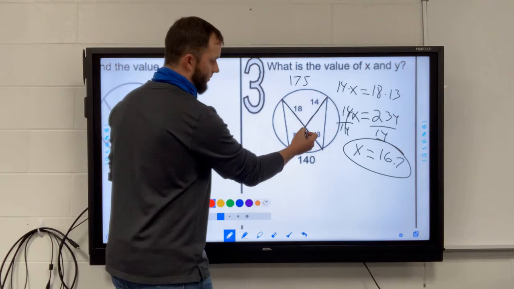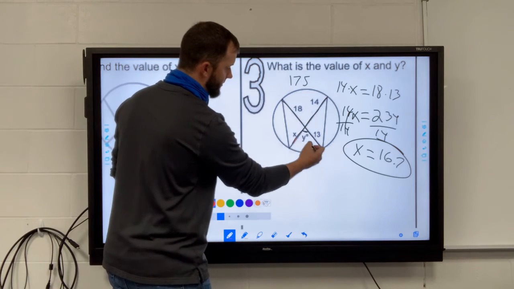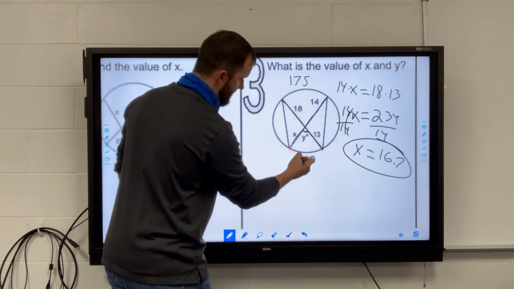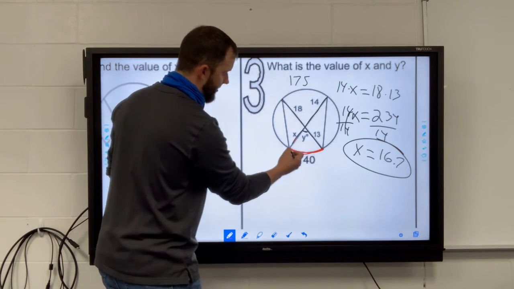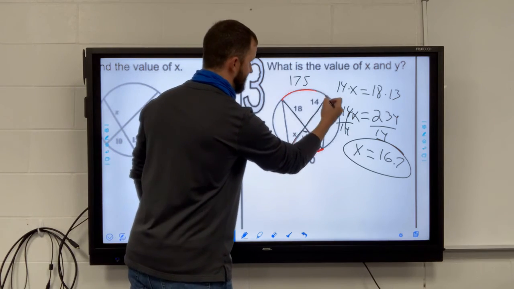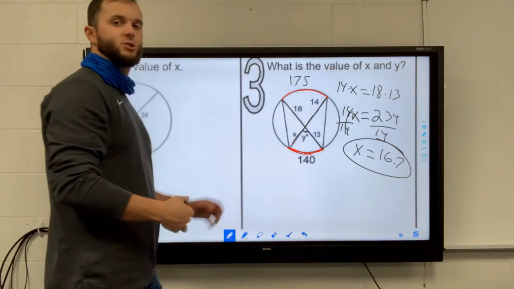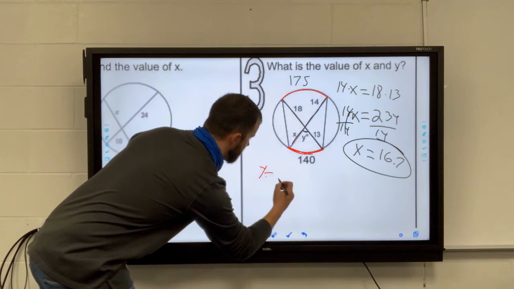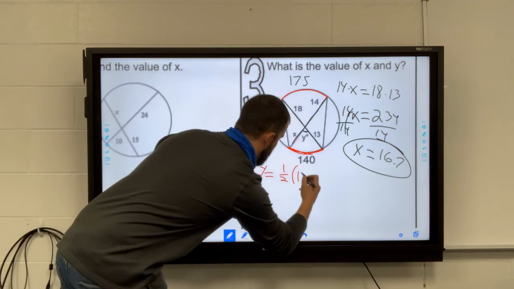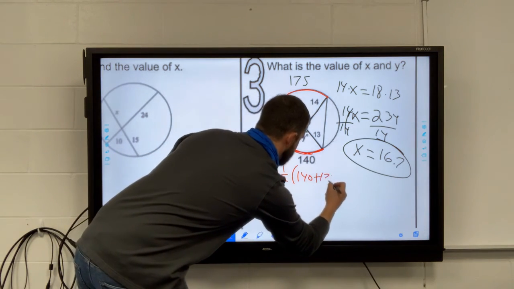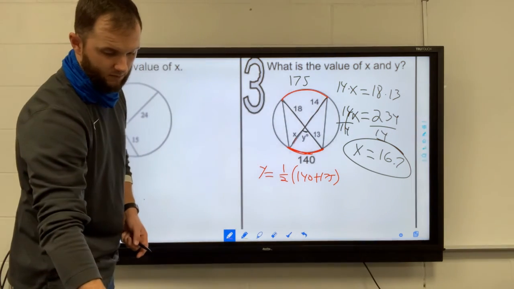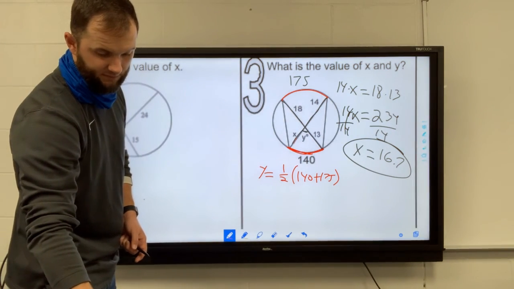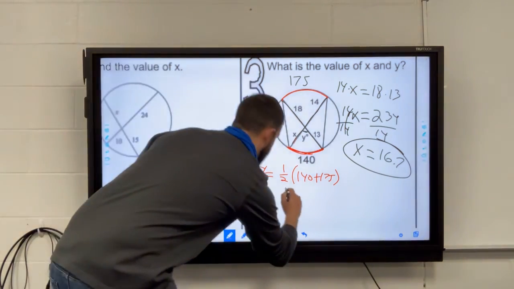So right now, y is being created by these two chords, which if I look, this is the intercepted arc, and this is the intercepted arc. So again, I'm going to add those two arcs together, divide by 2, and that's going to give me my angle. So y is going to be equal to 1/2 the measure of 140 plus 175. Okay? So 140 plus 175 is going to give you 315.